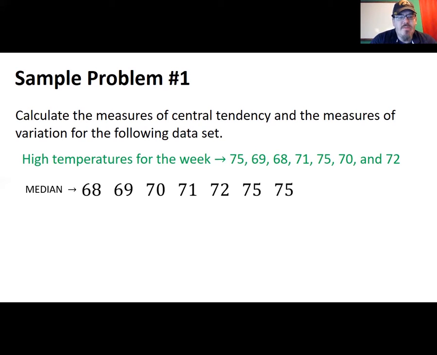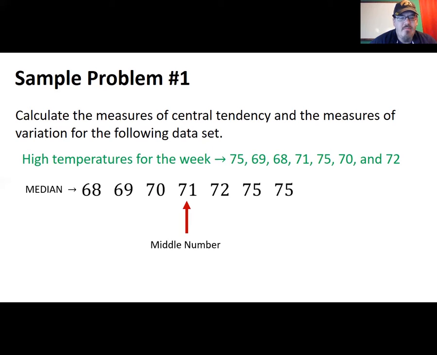What you can see that I've done here on the screen is I've literally just reordered the numbers that were in the original list and put them from smallest to biggest. Once you do that, you find the literal middle number in the list. In this case, 71 falls right in the middle.